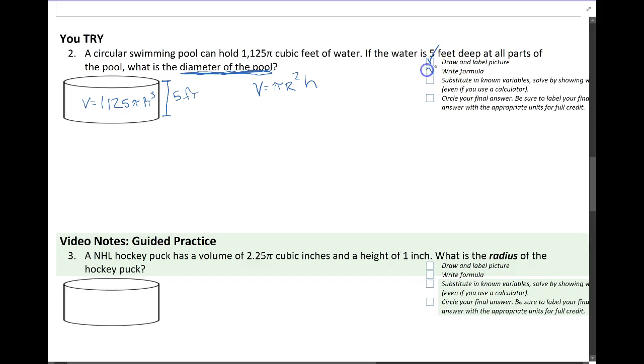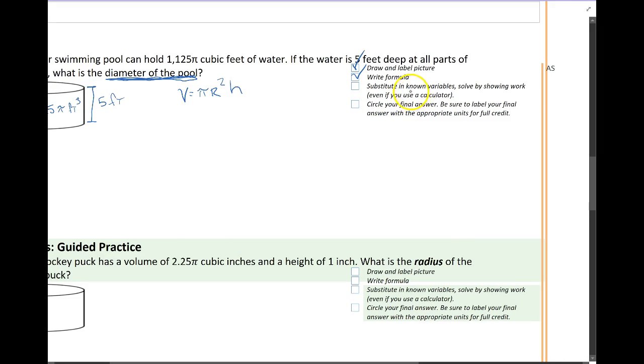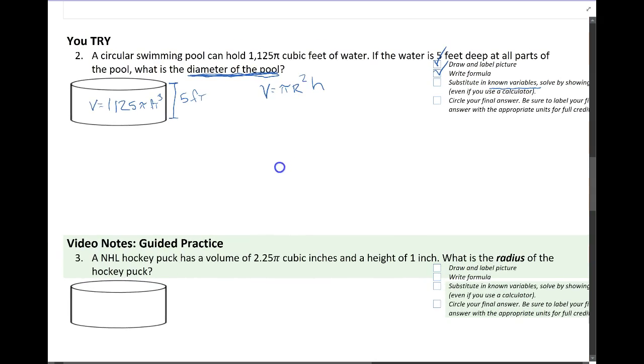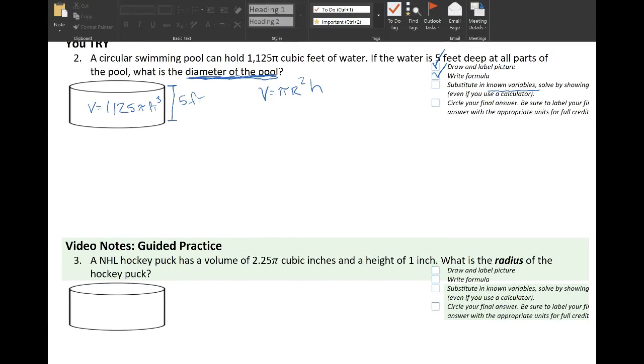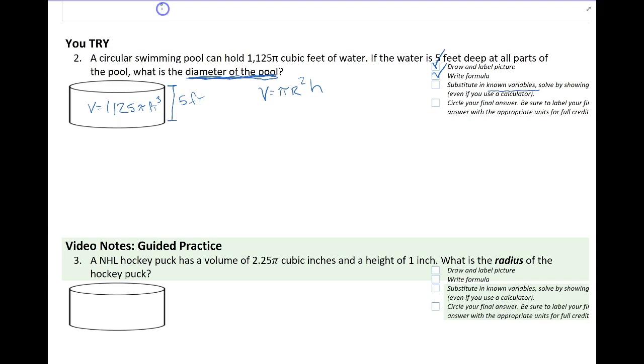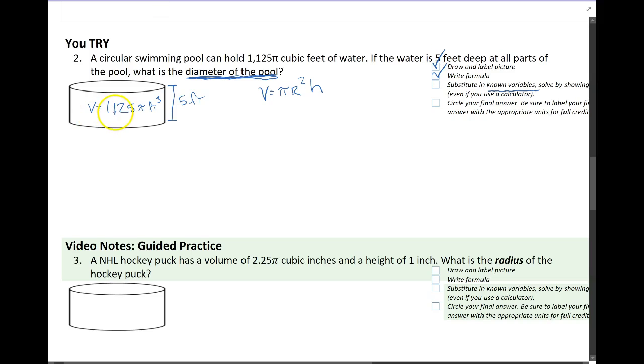So now that I've written the formula, I'm going to do step 3, which is substitute in known variables. So let's sub in what I know. I know that the volume is 1,125 pi.